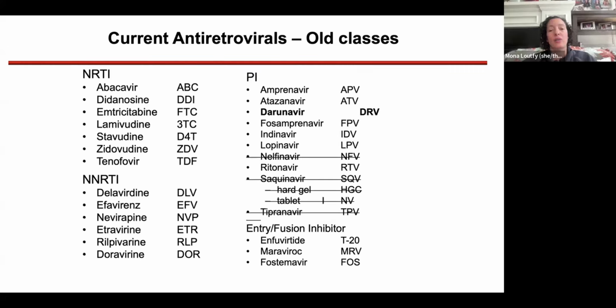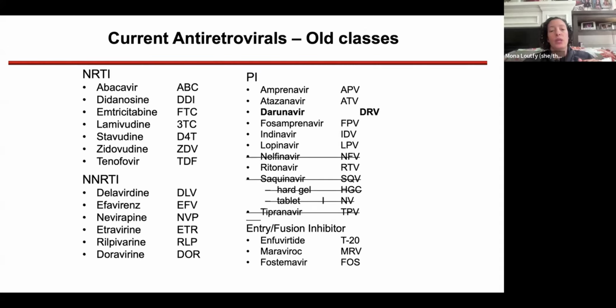We use ritonavir, which is a protease inhibitor, to block cytochrome P450. If you remember back to your pharmacology, pharmacodynamics and metabolism, ritonavir blocks cytochrome P450, which reduces the metabolism of these drugs. So then the darunavir concentration, for example, will be higher.